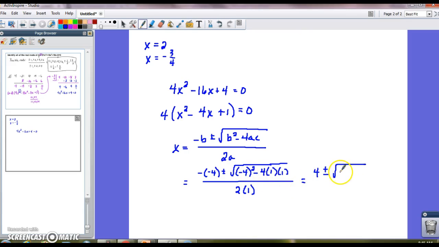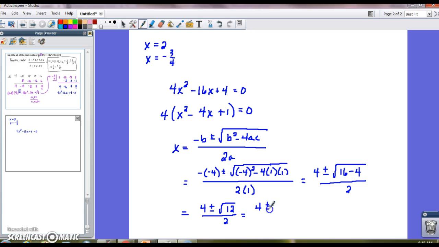This would be 16 minus 4 over 2. That gives me 4 plus or minus the square root of 12 over 2. Not done yet, folks.